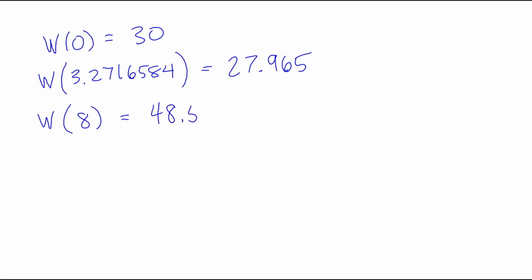And you can see that we only had 3 candidates, the endpoints, since it was an absolute minimum on the closed interval, which are both more than this value right here. So then you would have said, here's my justification: I found the 3 values that were possibilities, and 3.271658 gave me the smallest number.